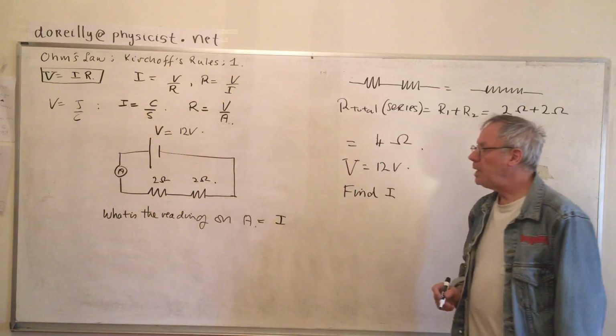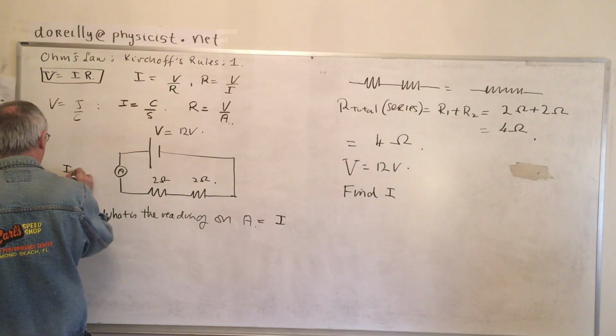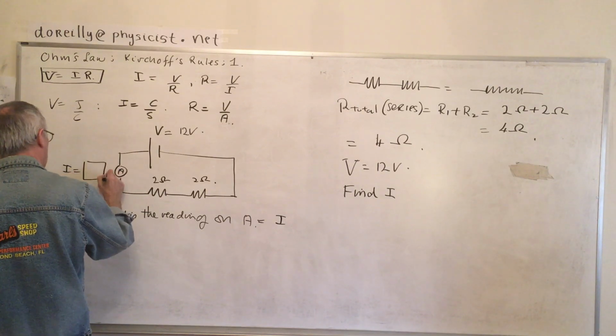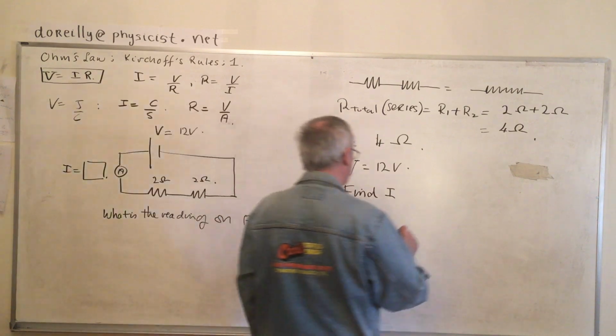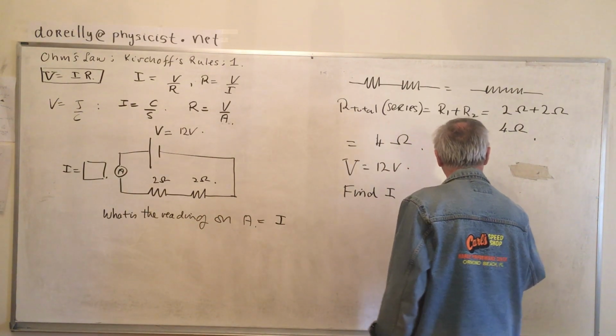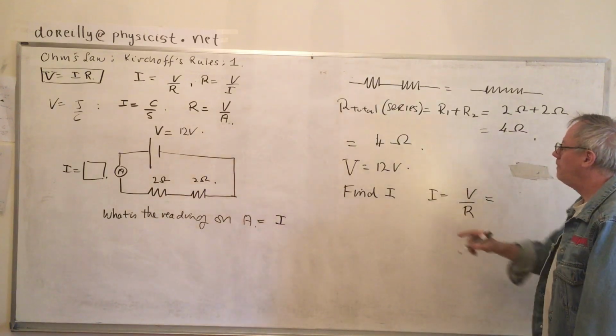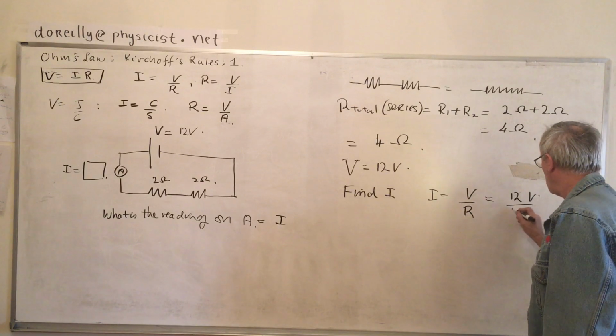If we're asked to find the reading on the ammeter, that is going to be the I. And what is it going to be? Well, I is V over R. Now in this case here, the V is 12 volts, and the R is 4 ohms.